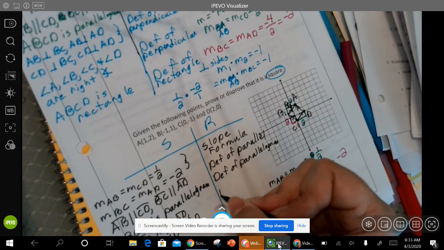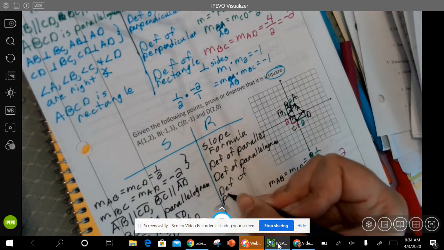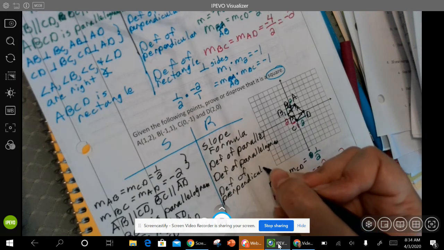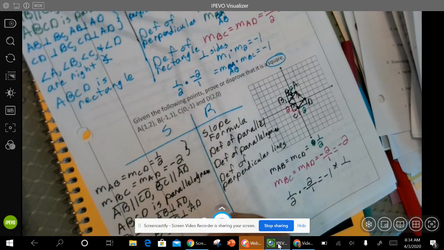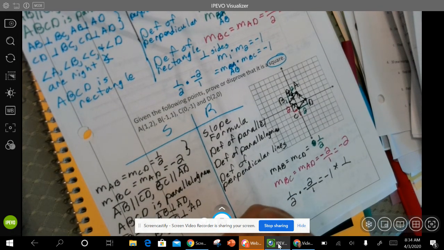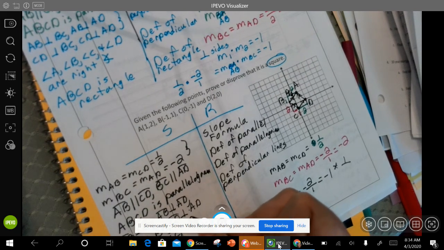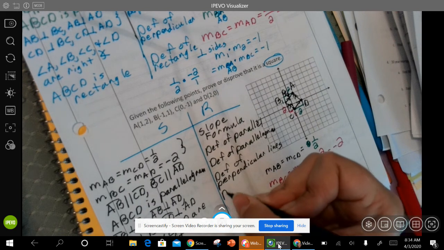Okay, so this is definition of perpendicular. And that also means that since they're perpendicular, the angles ABCD are right angles. So angles ABCD are right angles. Okay, and that's definition of perpendicular.